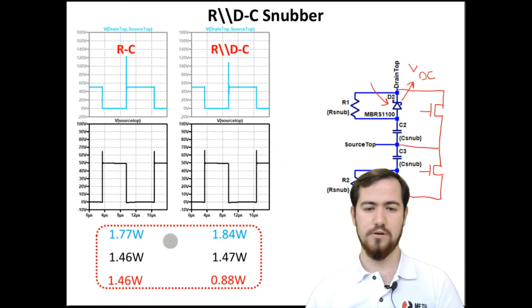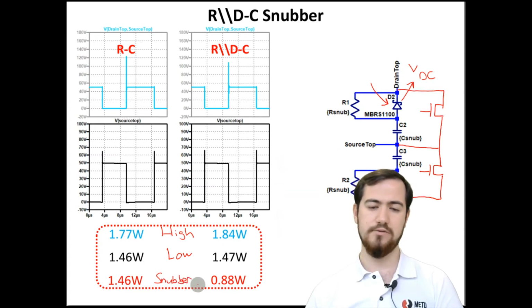So here we are comparing the high side switch losses, again the low side switch losses, and moreover the snubber losses, which includes both the diode and the resistive losses. As you can see now, the loss on the snubber components decreased significantly.